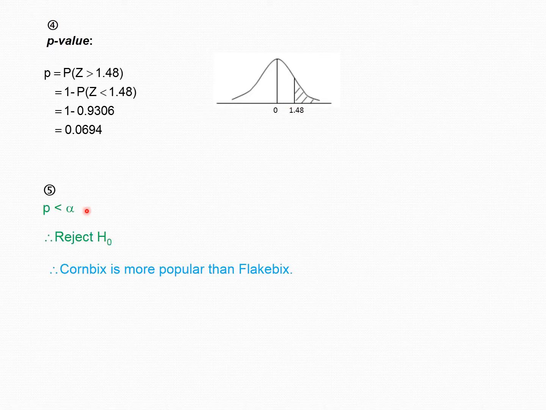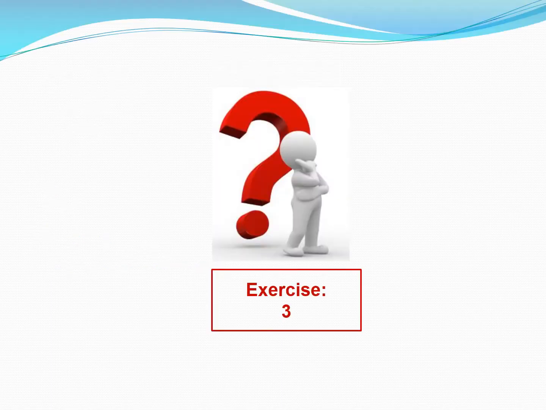And if you compare that to your significance level, it will be less than alpha. So you can reject your null hypothesis, so we can conclude that Corn Bix is more popular than Flake Bix. You can do exercise 3 then to practice population proportions, please.